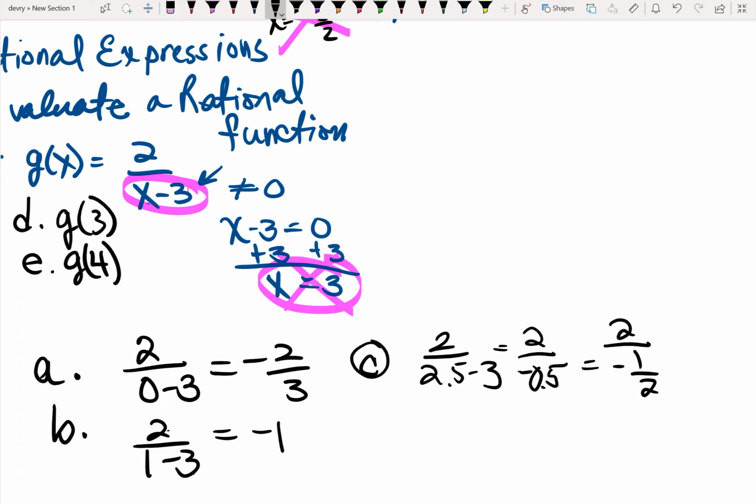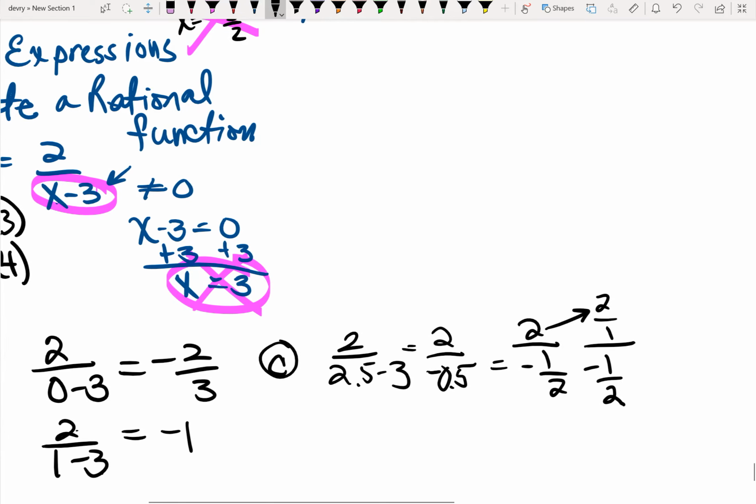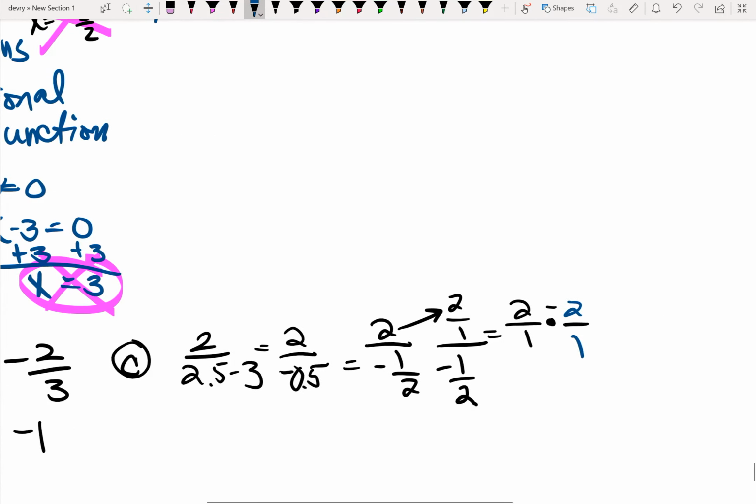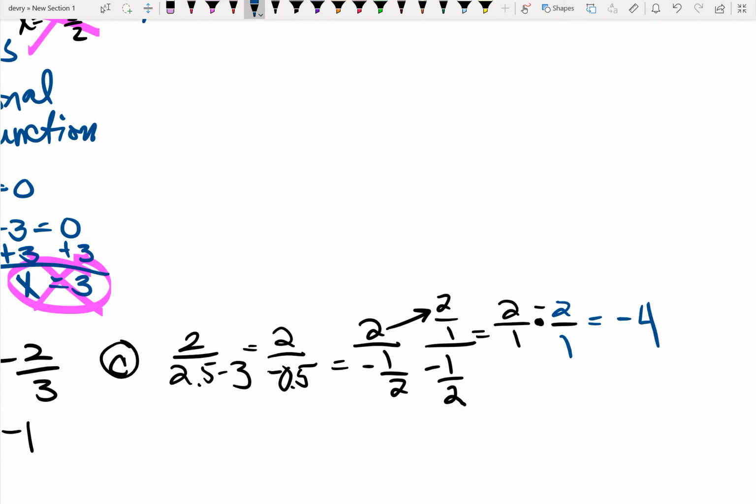So in theory, what's happening here is that you have 2 over 1, which is this top part, divided by negative 1 over 2. If I engage in the solution, I will have keep, change, and flip of this fraction. Oh, excuse me, didn't flip it. So this will be negative 2 over 1. And as a result, we end up with negative 4 as our answer.